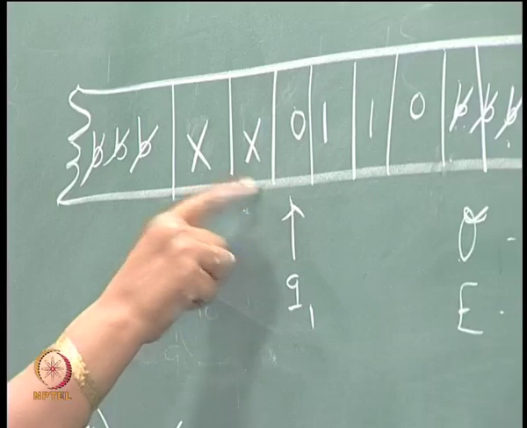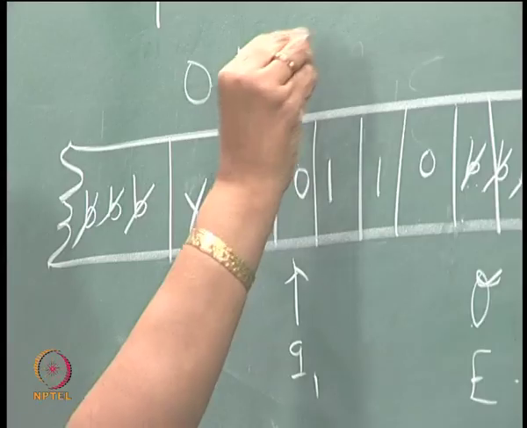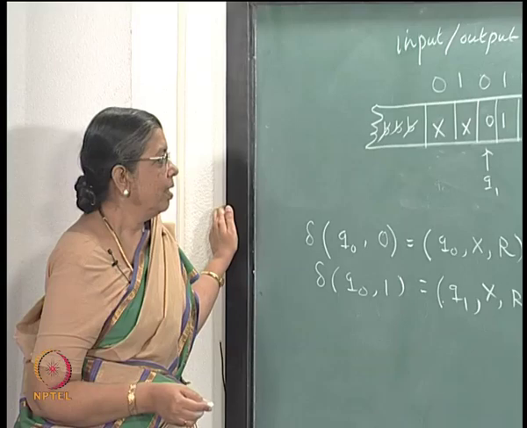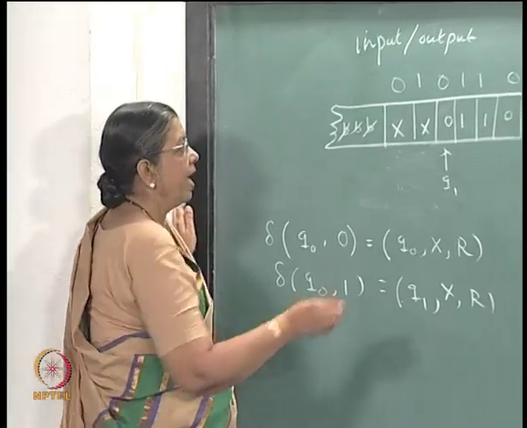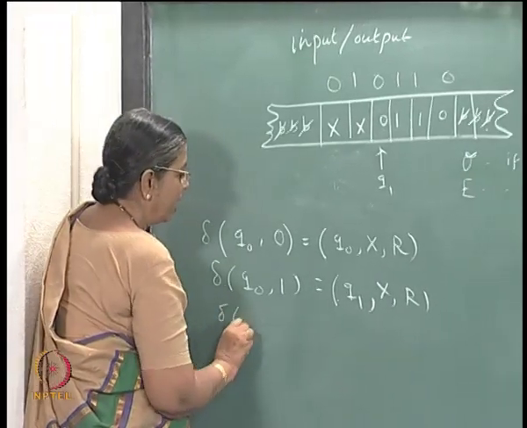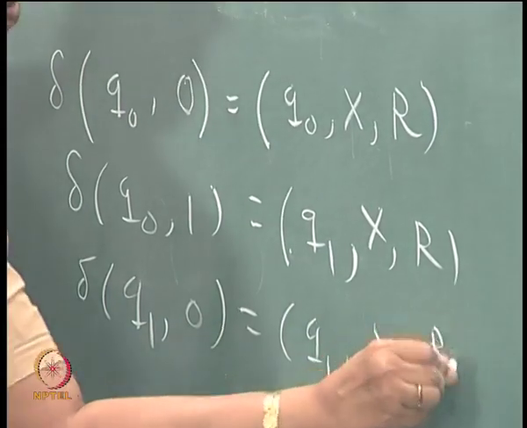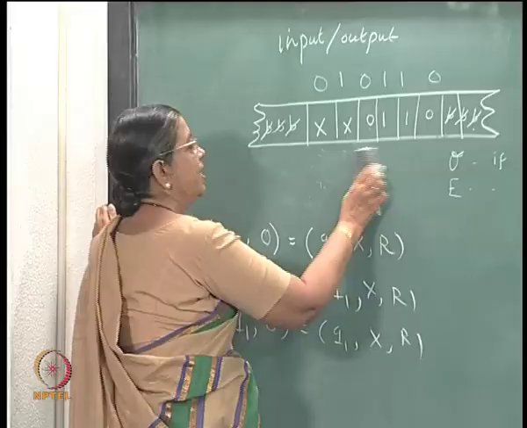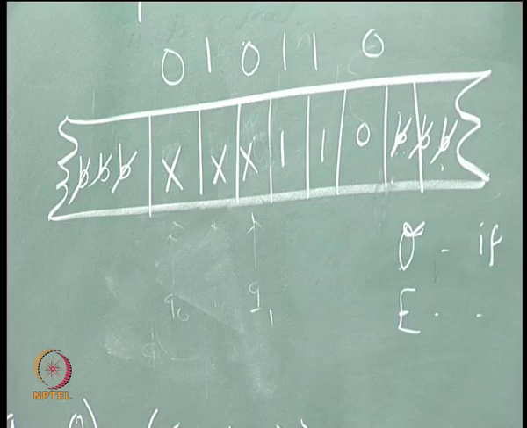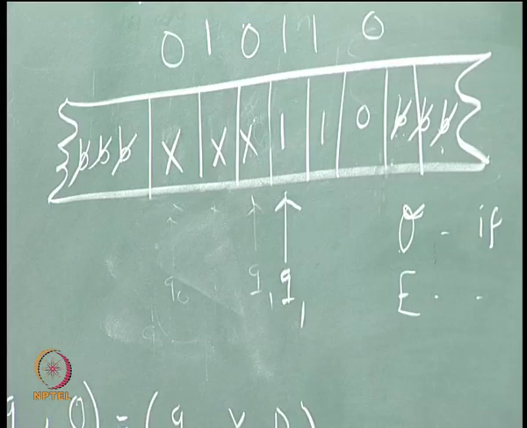I have erased the string, let me keep the original, because ultimately you should get odd. This was the original string. Now, in state q1 it reads a 0, it remains in state q1 and moves right. Each time it reads, it is replacing it by x. You can also retain the input, no problem, a slight variation you have to do here. Now, in q1 it sees a 1.